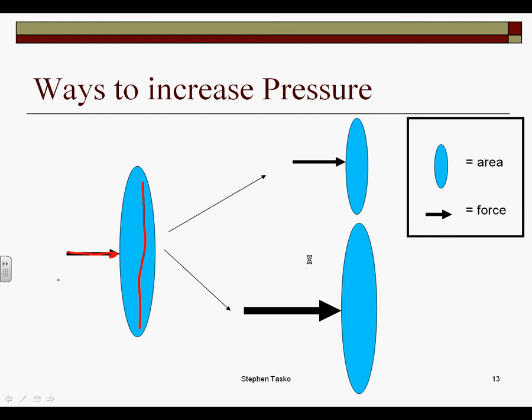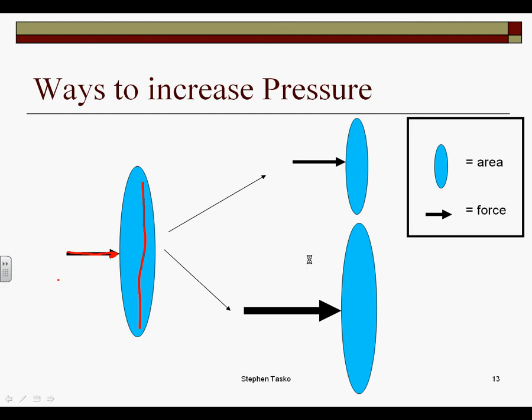A great example of understanding the difference between force and pressure is how a thumbtack works. If you think about it, you have a large head of the thumbtack, which has a fairly large area, and then you have the tip of the thumbtack, which has a very small area.